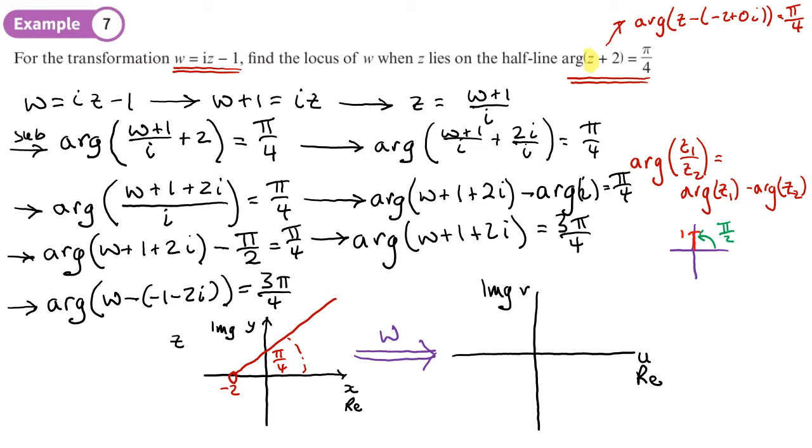So we'll have -1 here, -2. So that's where the half line starts. But this time the argument is now 3 pi over 4, which is 135 degrees. So that goes there like this, and it's this angle here, which is 3 pi over 4.